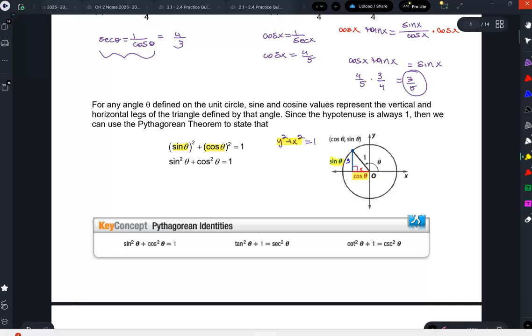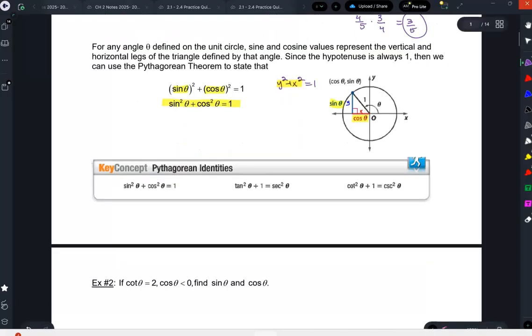A more concise form of writing it is sine squared theta plus cosine squared theta equals 1. Because this comes from the Pythagorean theorem, we call this a Pythagorean identity. Now, this is like knowing 1 plus 1 equals 2. You just need to know.